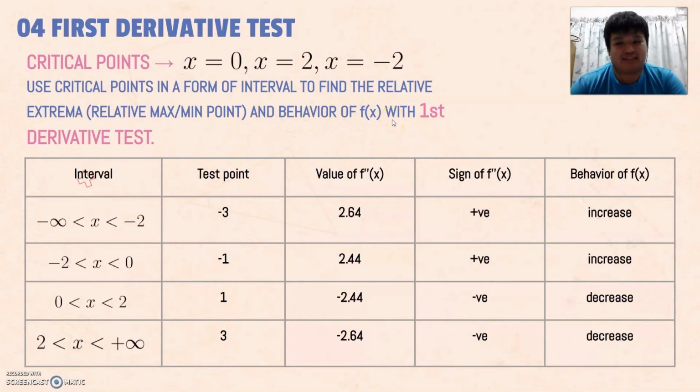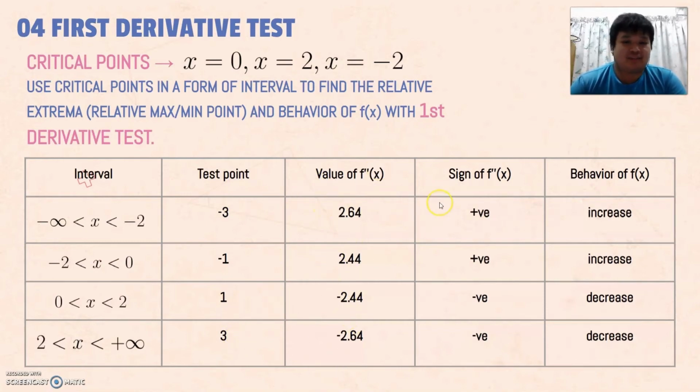The intervals we use are: negative infinity < x < -2; -2 < x < 0; 0 < x < 2; and the last interval, 2 < x < positive infinity. We use test points negative 3, negative 1, positive 1 and positive 3.